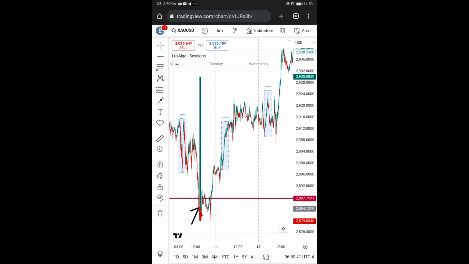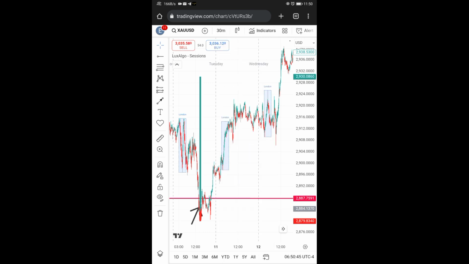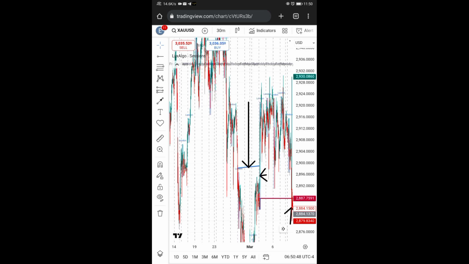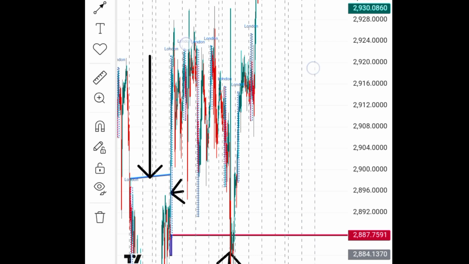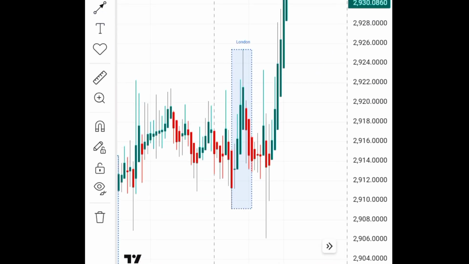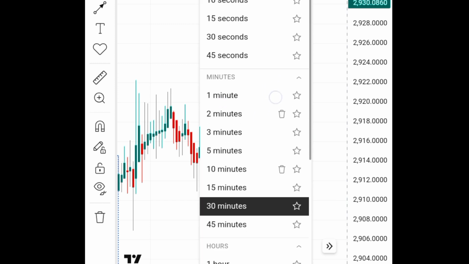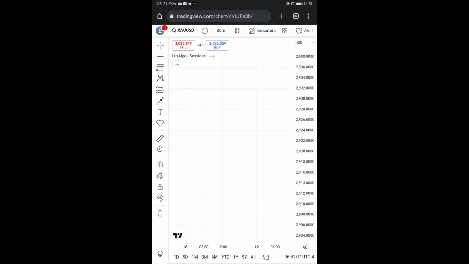So let us go back again to our 30 minutes and look for entry. You note our H4 is bullish, so we go back to 30 minutes and look for our entry criteria as we said. Right now, it is for us to turn our chart to normal candle. Note, when you want to take your entry is when you turn your chart to Heikin Ashi candle.